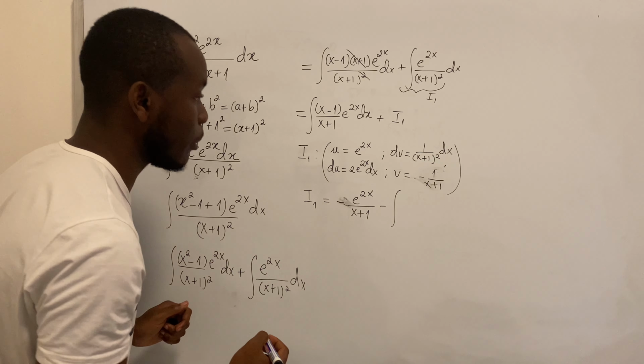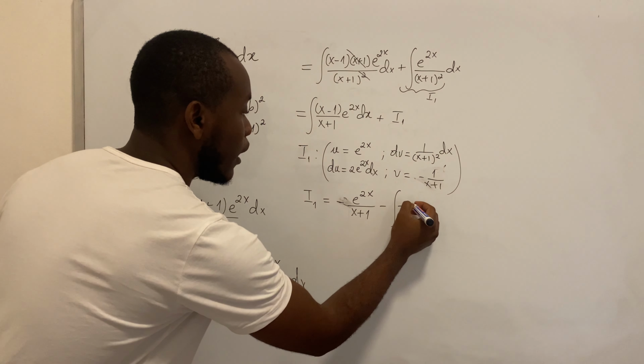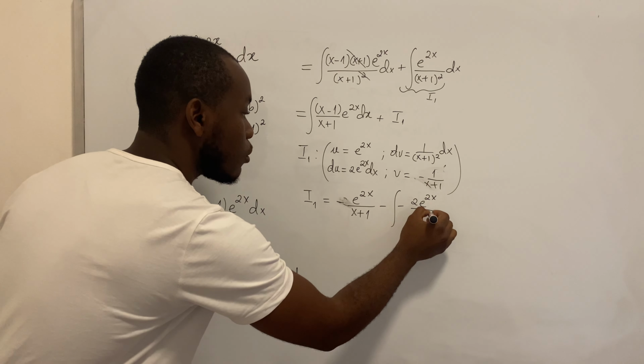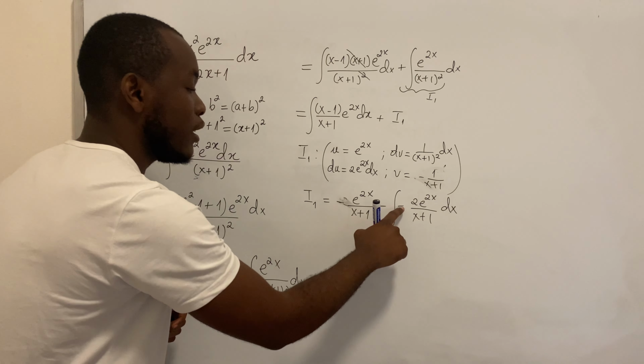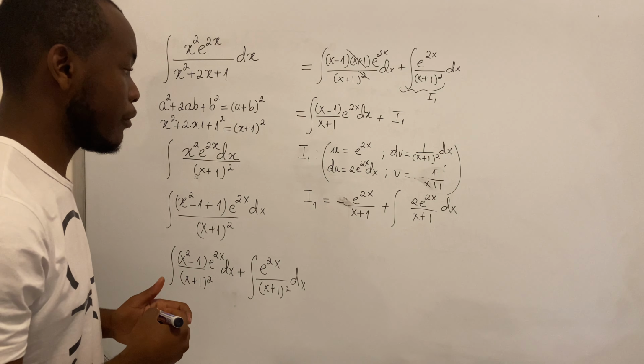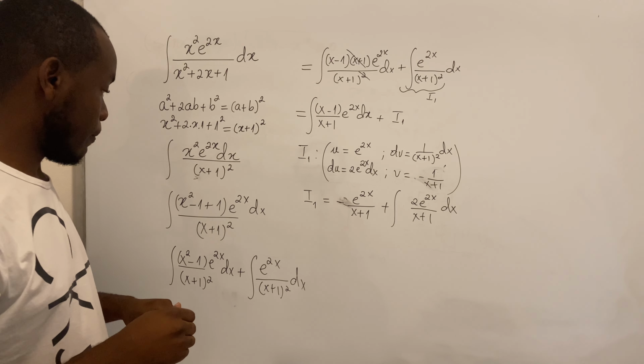That's what we know from by parts. So that's going to be minus 2 e to the power 2x over x plus 1 dx. But this negative and this negative becomes positive, okay?